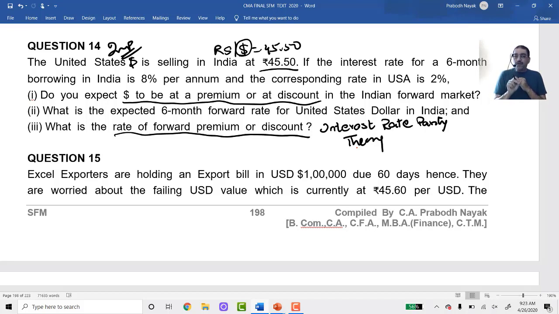So the formula is forward minus spot upon spot. Now you understood why I explained all those things at the beginning of the lecture? That is because the application of that is going to come in the problems now. So let us now see how to solve this entire problem.